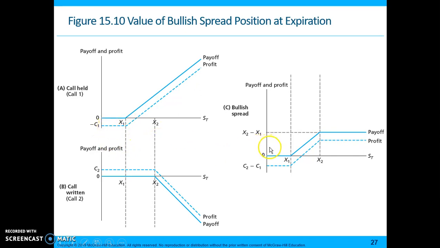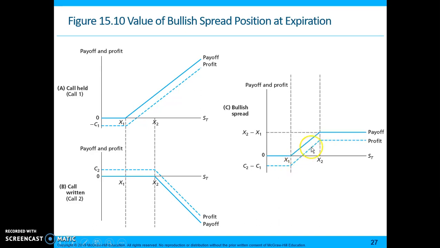So what we create is a floor for our losses of the call premiums: the second call premium we receive minus the first call premium, which is going to be a negative number, or a cost. So we get to the break even and we start to gain.